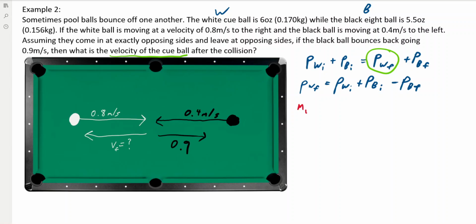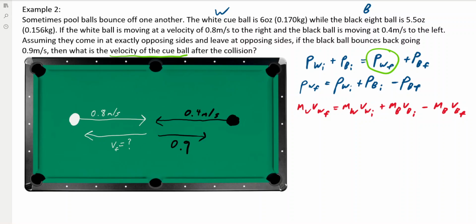So MW VWF equals MW VWI plus MB VBI minus MB VBF.